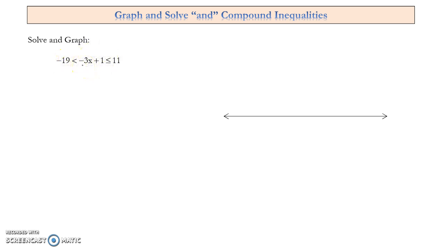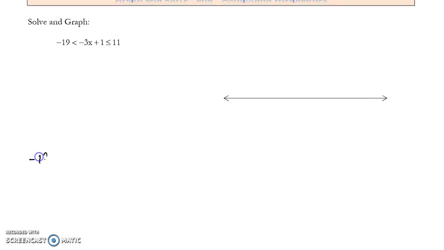What it's really representing is that negative 19 is less than negative 3x plus 1, and negative 3x plus 1 is less than or equal to 11. So negative 3x plus 1 is being used twice, once with the negative 19 inequality and once with the 11 inequality.